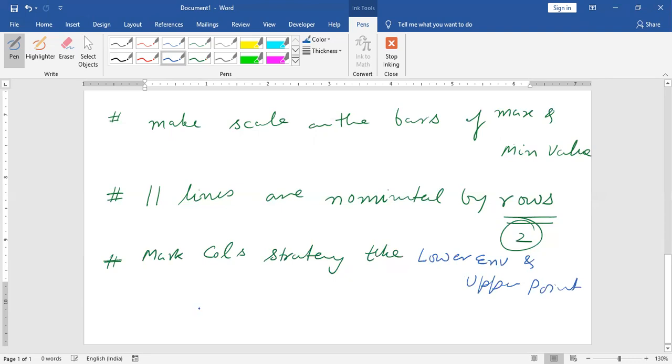The combination of lower envelope and upper point, we will make a 2 by 2 matrix and solve it.